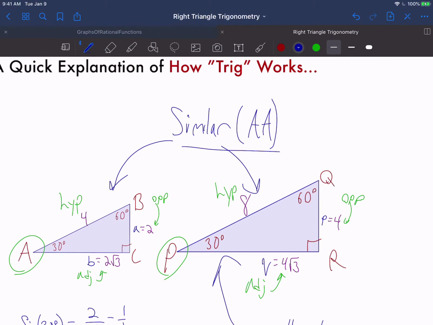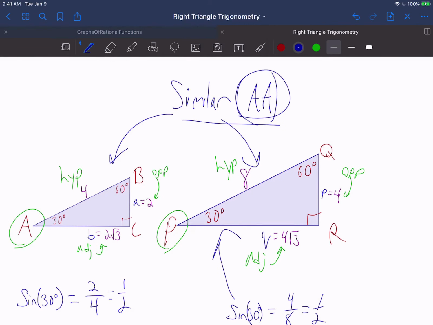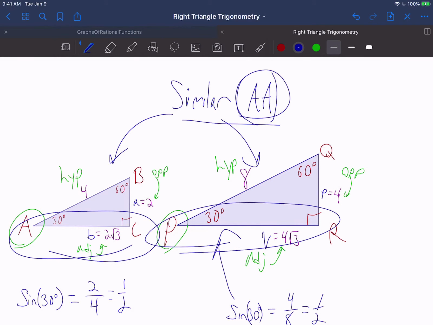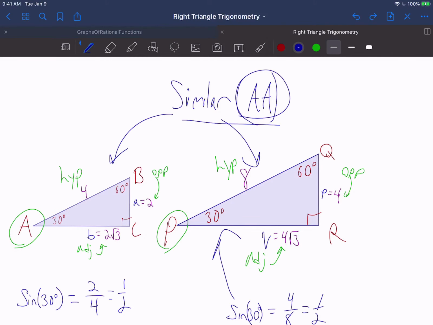With AA, as long as you have two angles in a triangle that are congruent to two angles in another triangle, so if I'm looking at just these two angles, the 30 and the 90, that's sufficient for knowing that I have similar triangles. So if I had a 57-degree angle and a 90, all sine of 57s will be the same. So that's something to consider.